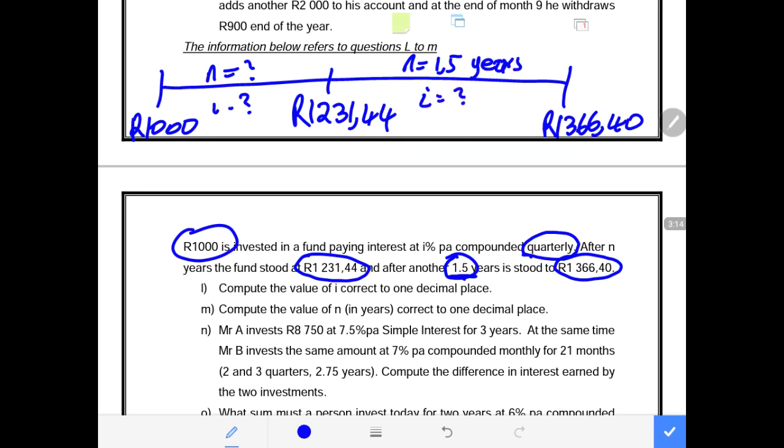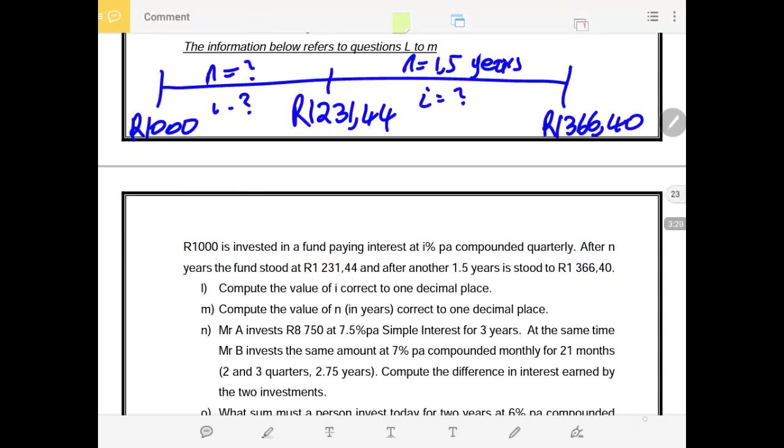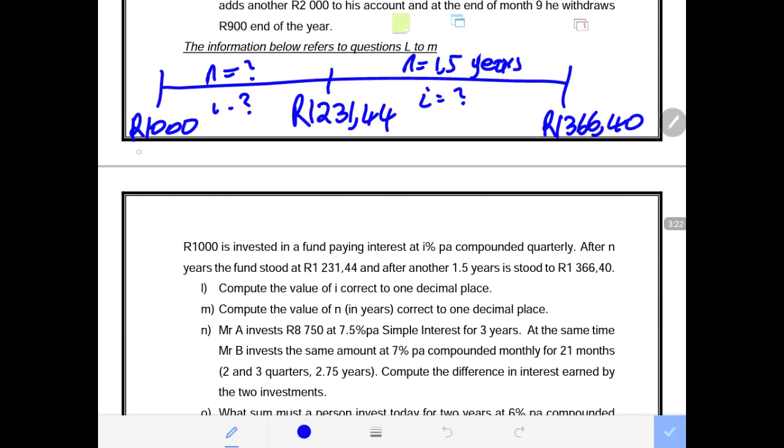Then obviously, if we don't know our I, we can calculate I in the second instance. Remember once again that we have 1,000 as the present value, which became the future value, and that future value now became the present value for the next 1.5 years. So it was a future value, but now it becomes a present value because we are using this amount to accumulate up to 1,366 rand 40 cents.